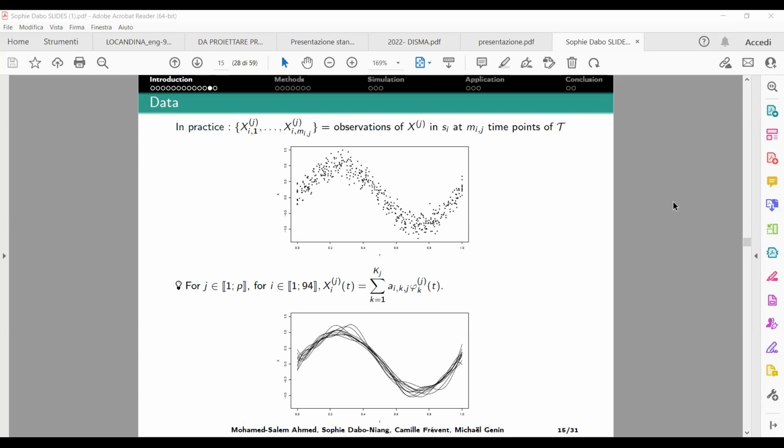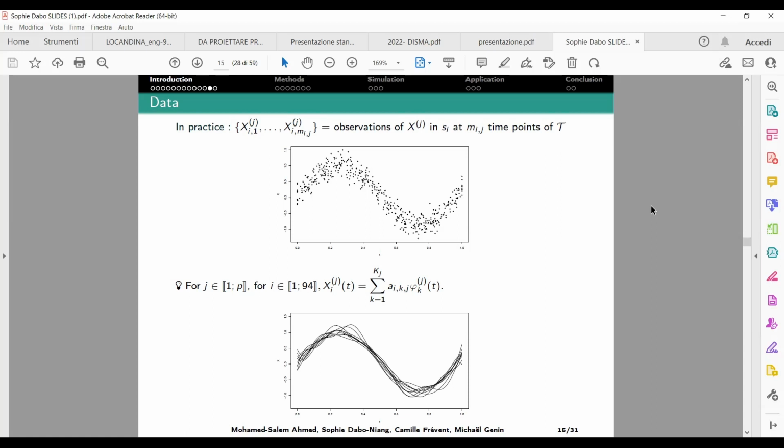Oh, yes. Wavelet functions may be used also, but in fact it depends on the kind of data you have. If you have data that are periodic, for instance, Fourier is better, even if B-spline may also be used.